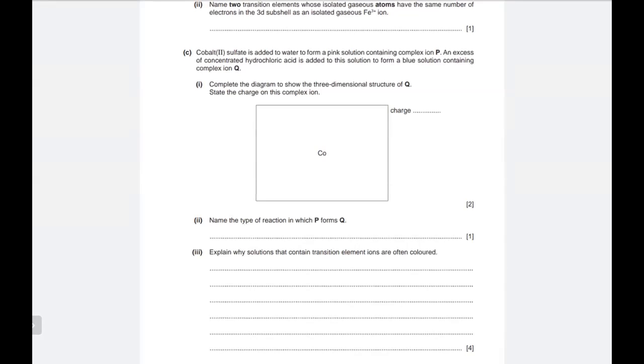If you want to say more, the d orbitals are separated into two energy states. Electrons drop from the higher energy level to the lower energy level of the d orbitals, and according to the energy difference, it gives out waves. It may have color.